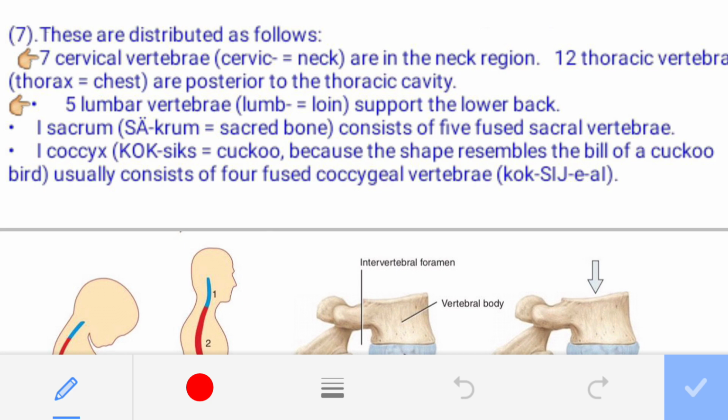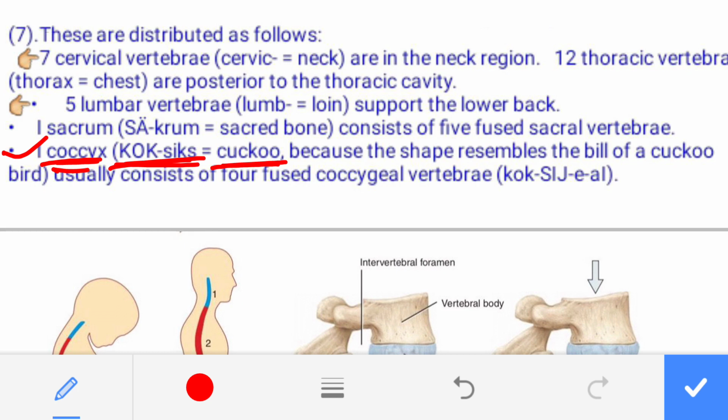And one coccyx vertebra is there. Now how are we going to read this coccyx? It is actually pronounced coccyx. Many a time we say coccyx, but actually it is coccyx, but this is difficult, so generally we say it like this. Coccyx is equal to cuckoo. Why is this vertebra named coccyx?